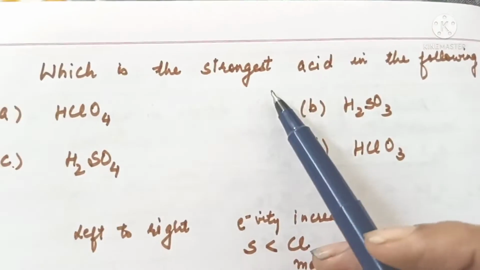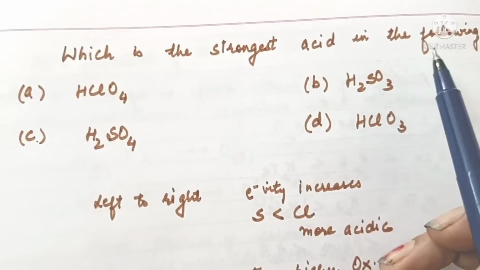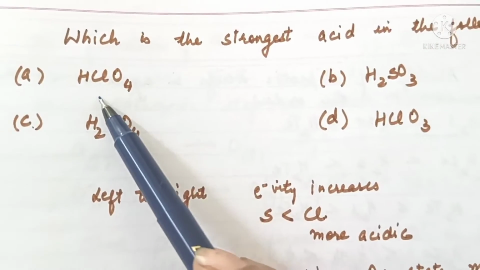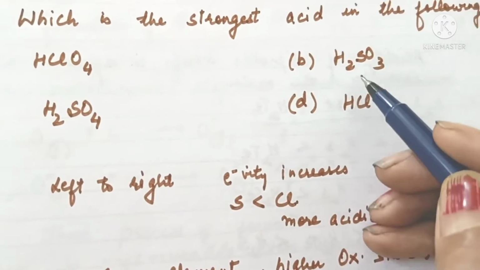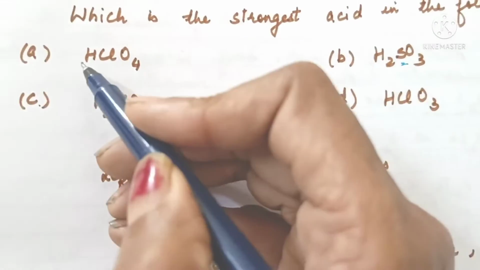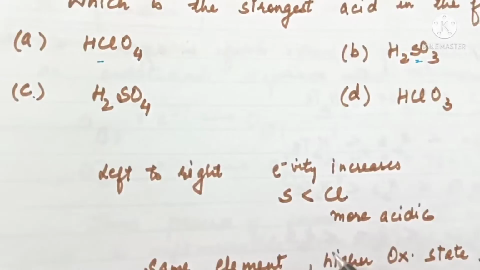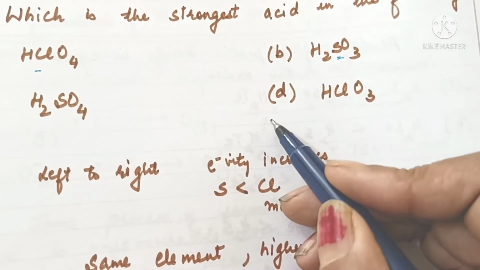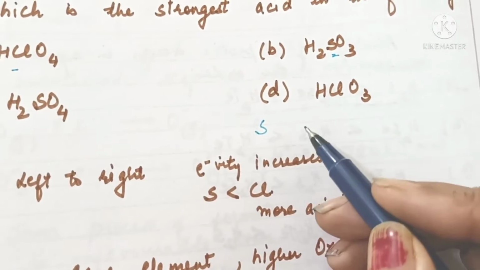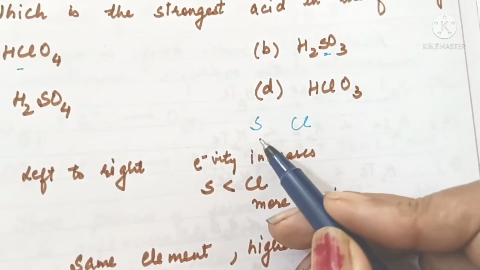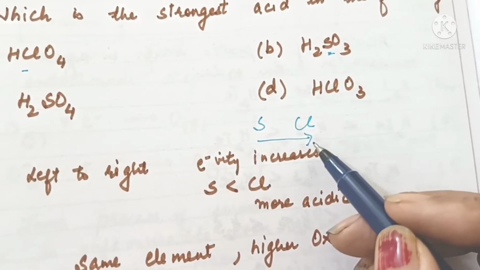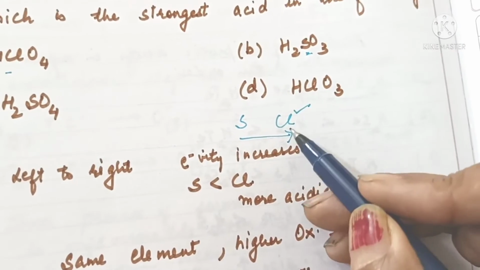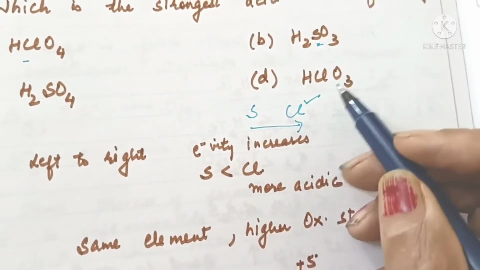Which is the strongest acid in the following? This is perchloric acid, this is sulfurous acid, so an oxo acid of sulfur and an oxo acid of chlorine. Chlorine comes after sulfur, and from left to right the acidic strength increases in a period, so the oxo acids of chlorine will be more acidic.